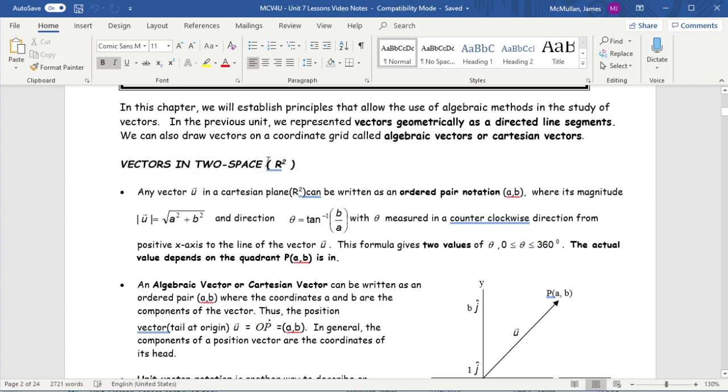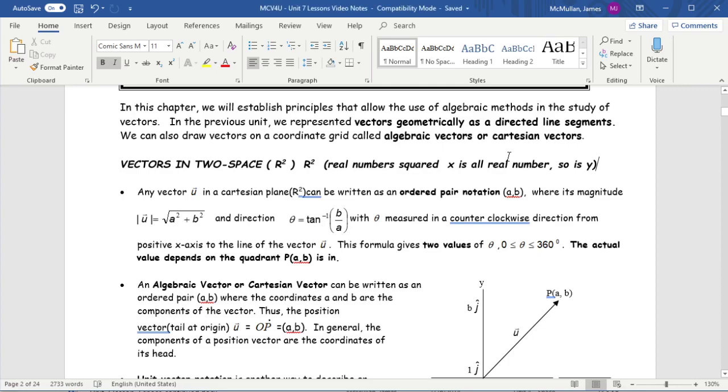Now, when we're talking about 2 dimensions, we call it 2 space, and we refer to it as R squared, because R is real numbers, and R squared would be real numbers squared. In other words, x is all real numbers, and so is y. So you have all the real numbers in x and all the real numbers in y.